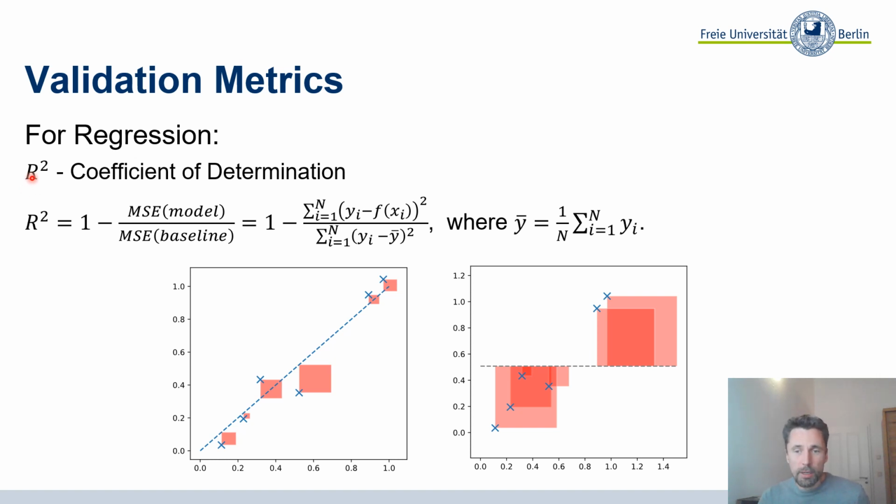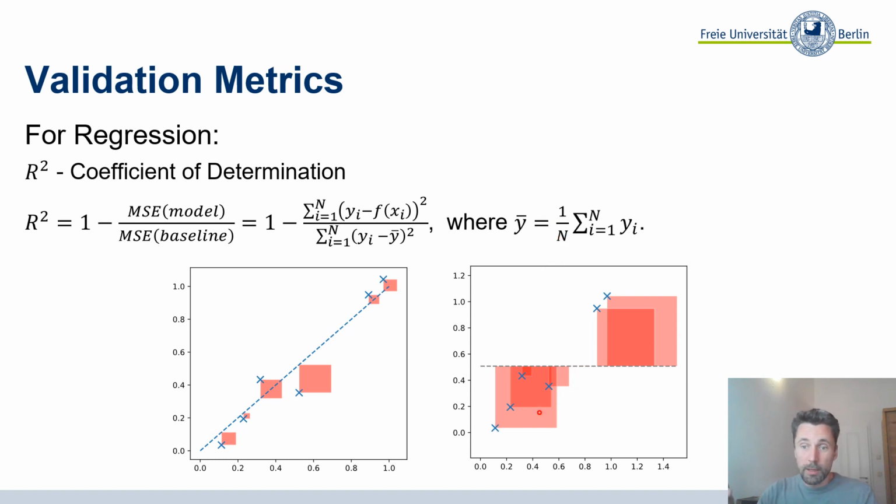And R squared is really just comparing the mean squared error of our model to a baseline model. In linear regression, the simplest baseline that we can think of is just the average of the data. So visually, what we do is we take the difference of the label to the prediction, and in the baseline model, the prediction would just be the average of all labels, of all y's, and square this, and then we take the mean of all of these squares.